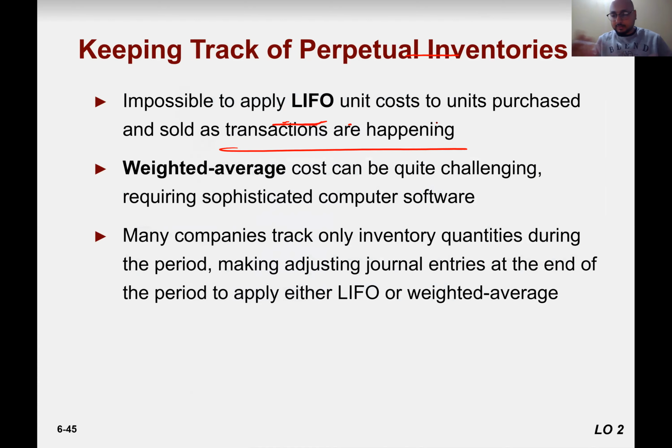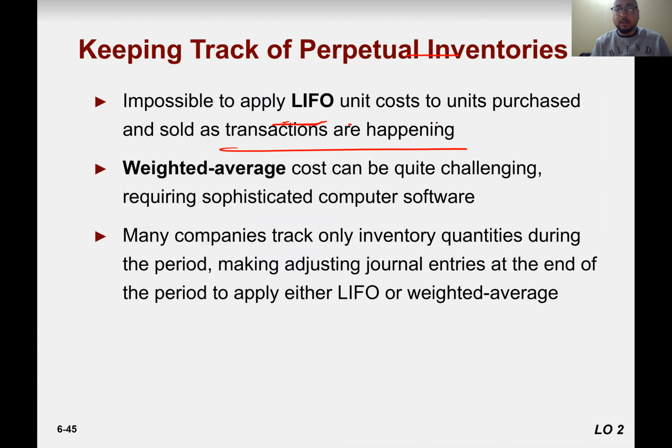It's going to be very challenging for the software as well, right? Unless we wait for a day or two: this day we only purchase, next day we only sell. In that kind of environment, we can keep track. But if selling and purchasing are happening at the same time, it's going to be hard to find the weighted average.